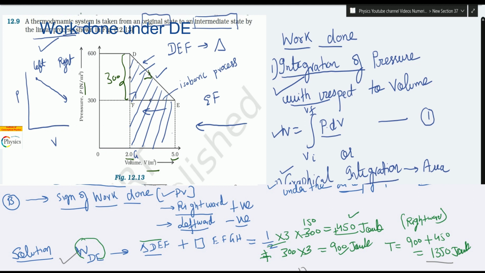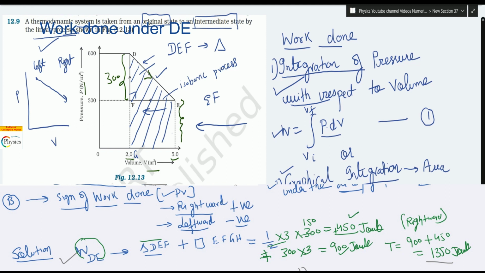Let's calculate the area under the curve EFGH. We have to calculate the total area. What is the area of this square? 300 multiplied by 3, where this is again 300 and this is 3, is equal to 900 joules.